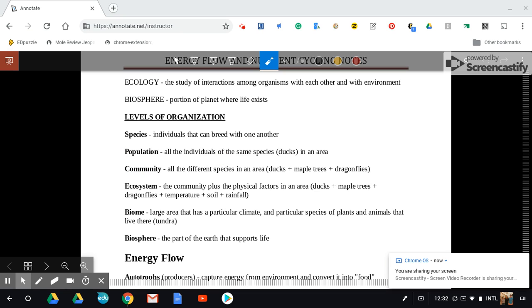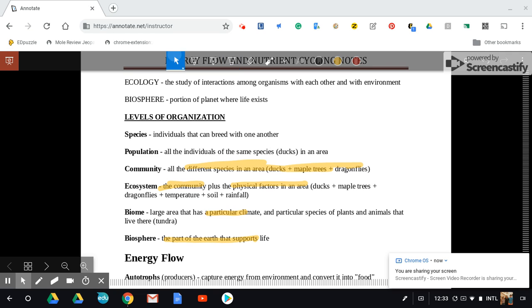And then a community, here's the key: the community is different species, but they are living things. An ecosystem includes the physical factors and the living things. A biome has the same type of climate. And your biosphere is the whole earth.